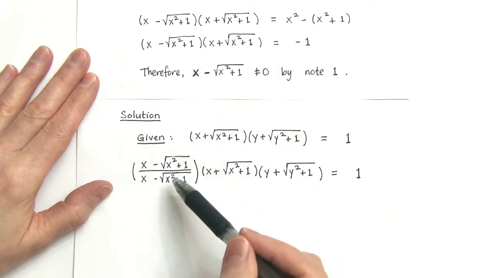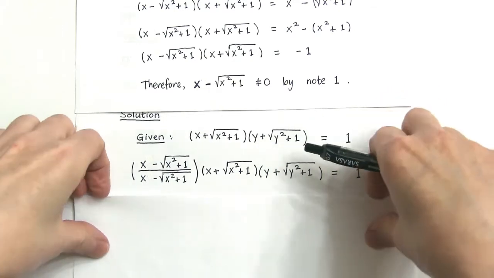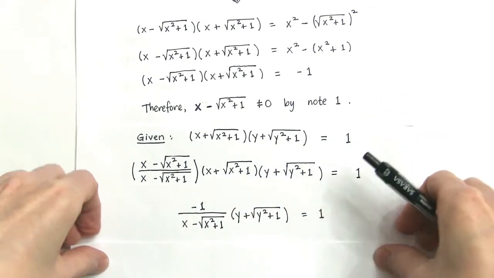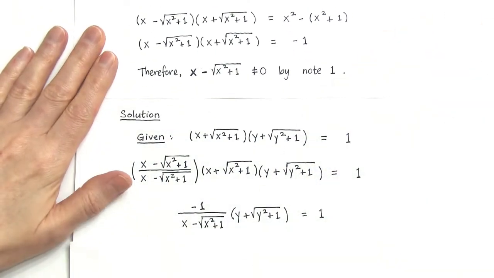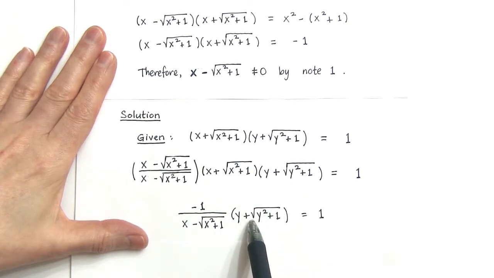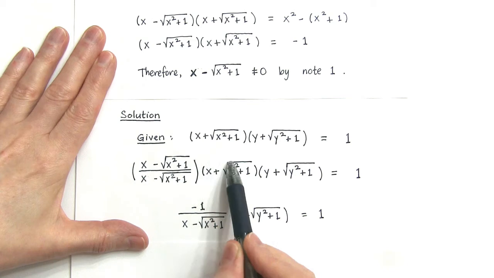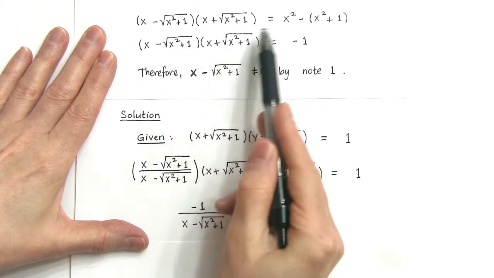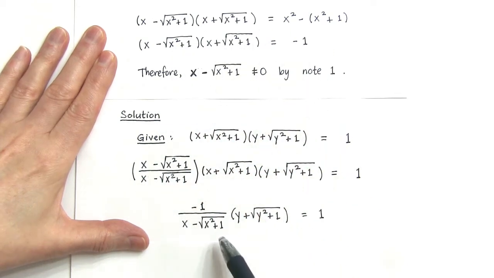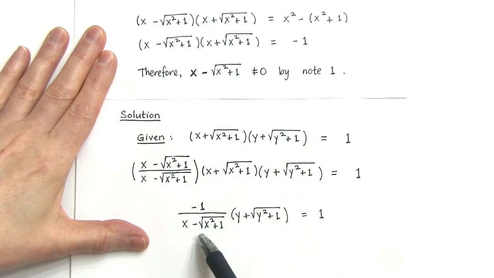And so this expression becomes here's my y plus the square root of y squared plus 1. And here's my denominator here. And then these two multiplied together to become minus 1. And so now this equation, which I started with, is equivalent to this equation here.